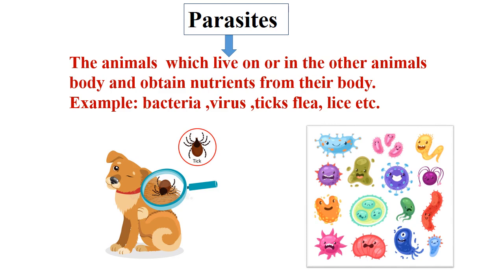They reside in the body and obtain nutrients, sucking body fluids like blood from the host body. Here the host is the dog and the tick is the parasite. So parasites are animals which live on or in other animals' bodies to obtain nutrients from them.